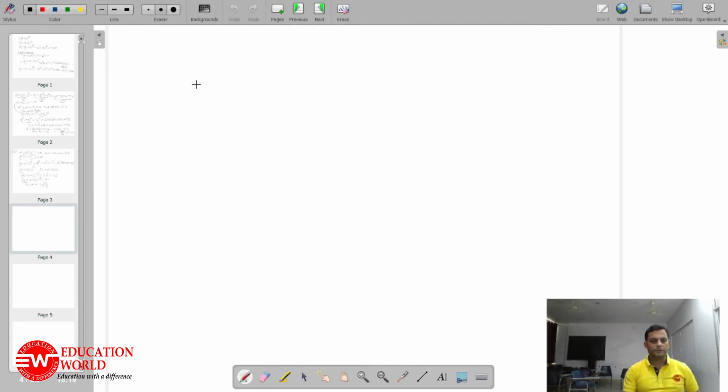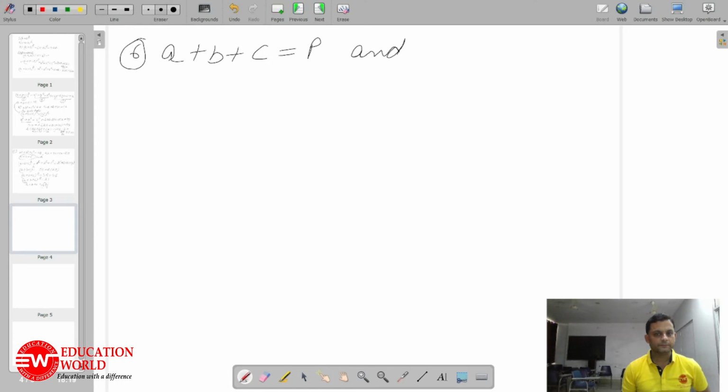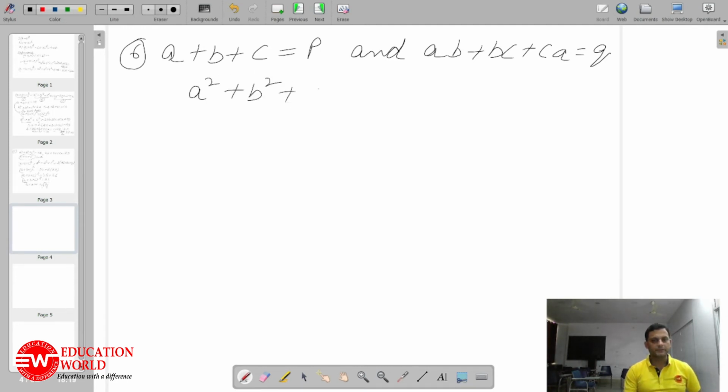So one more question now. They have given us the sixth question. a + b + c, they have given p, and ab + bc + ca they have given q. So we have to find a square plus b square plus c square. See here, we have done the previous questions.